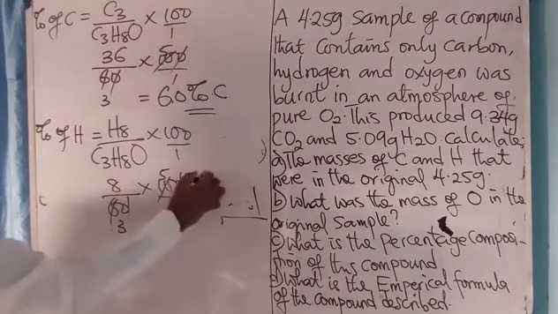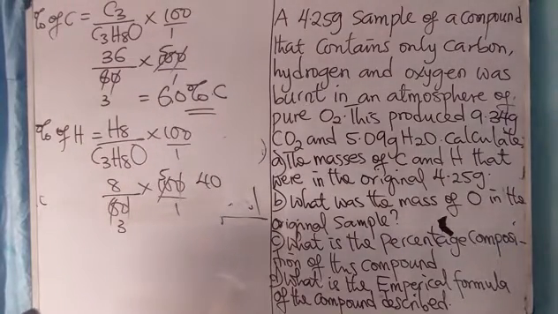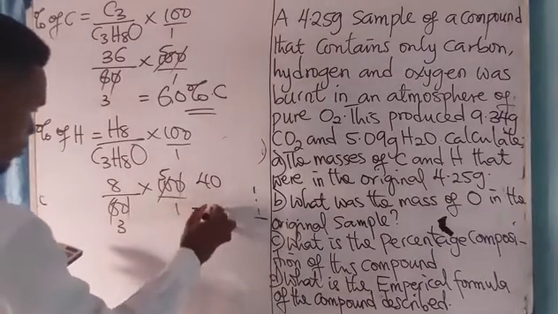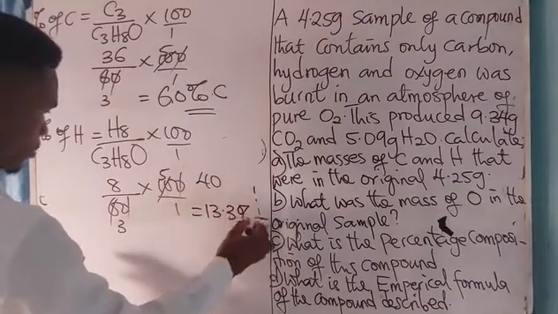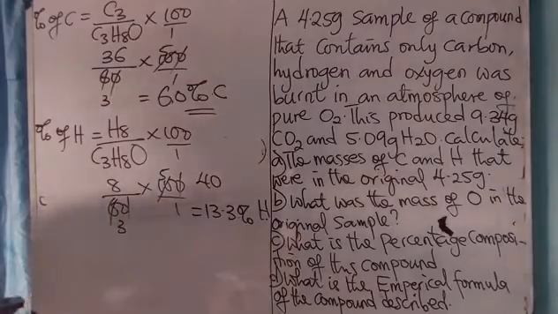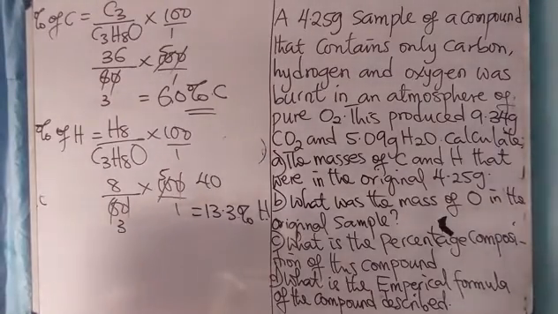So 8 times 5 is 40. So 40 divided by 3, I have 13.3% hydrogen.